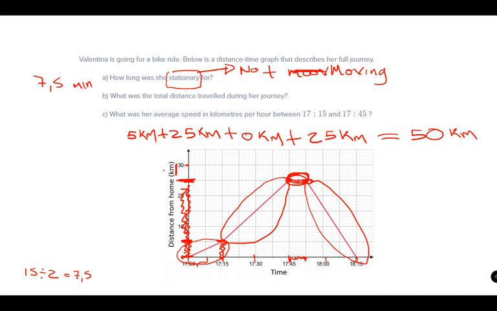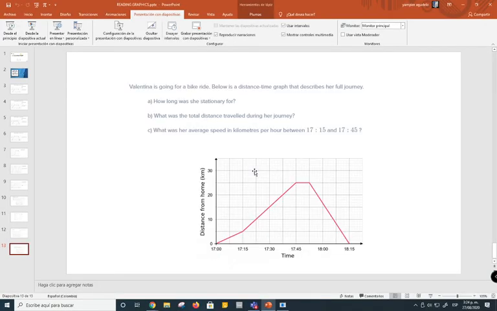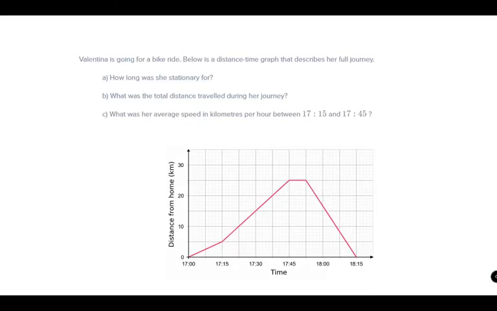And finally, okay, let me erase all of these lines. And let me put it again. What was her average speed in kilometers per hour? Okay, this is important. Between 17:15 and 17:45. So between this time frame, okay?